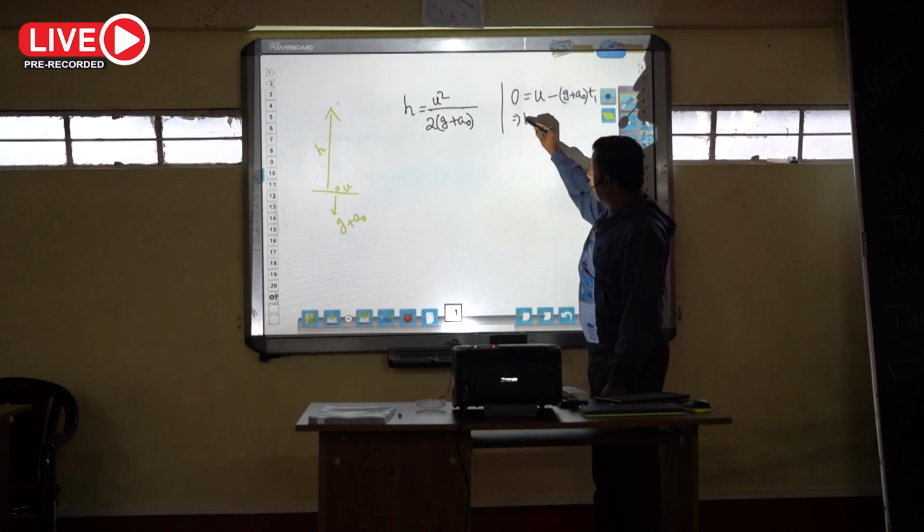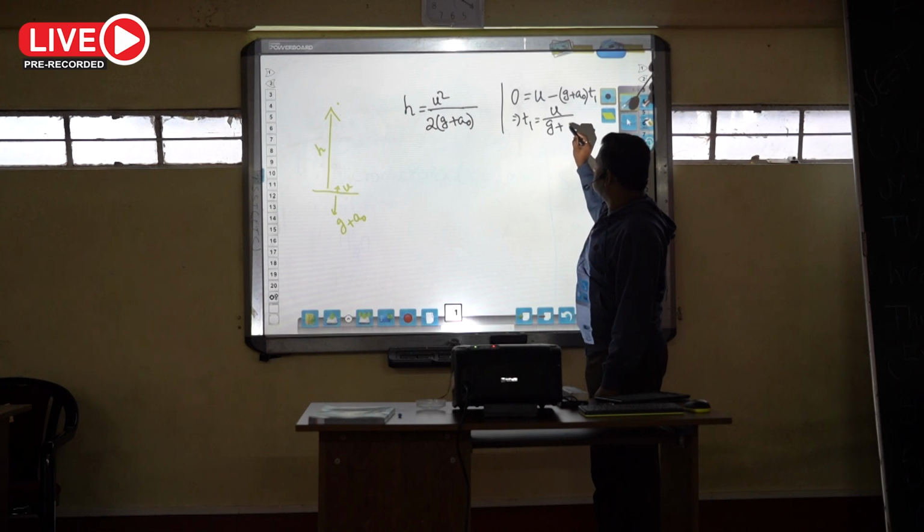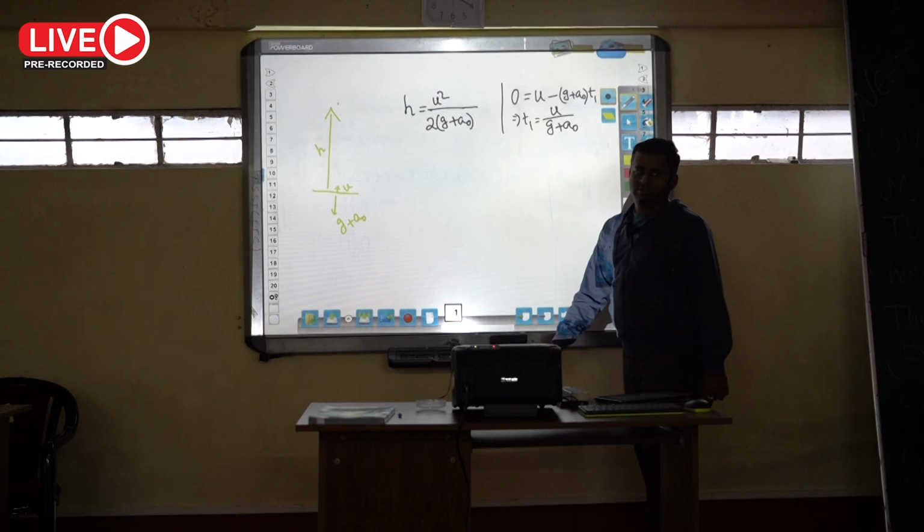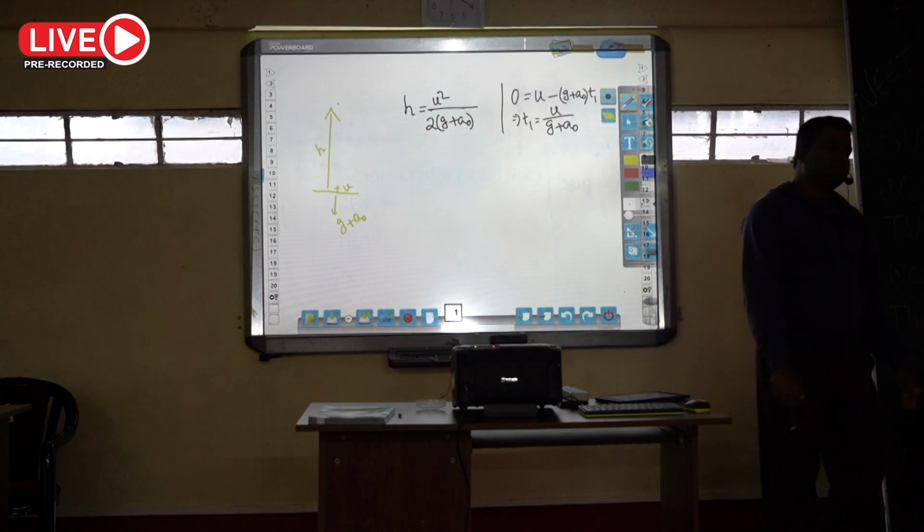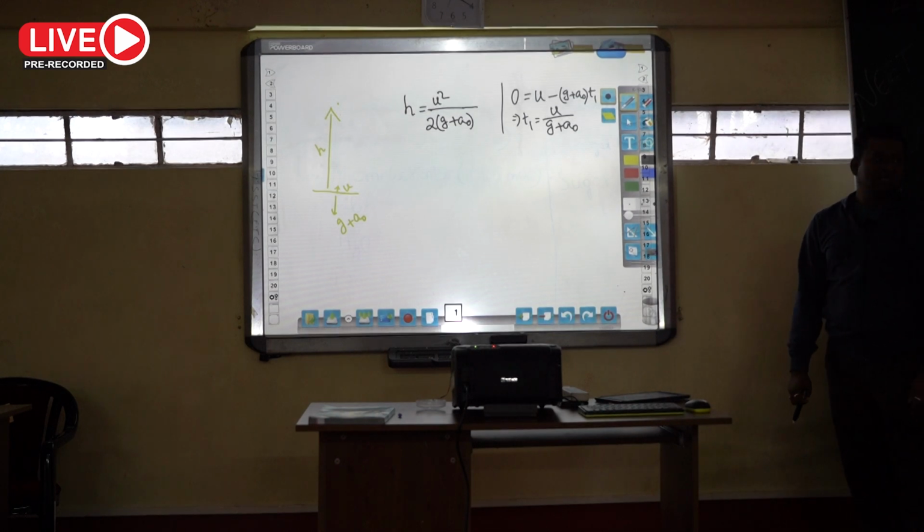So T1 we can also calculate, that is u by g plus a naught. Okay, this is for the first part. Time taken is u by g plus a naught to reach the top, and maximum height reached h equals u square by 2 into g plus a naught.